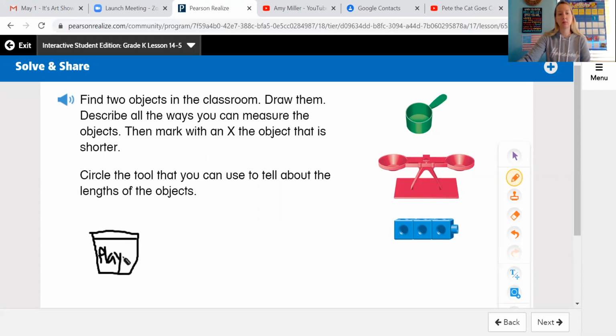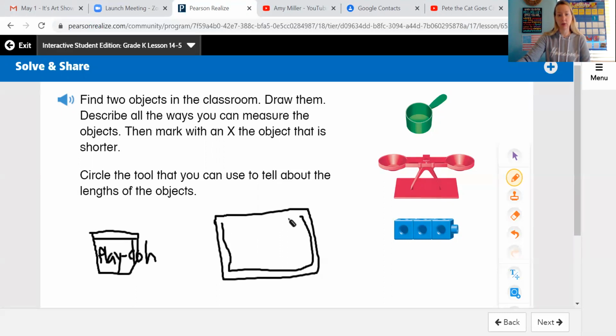Remember, this is hard for me to write. And then I also am going to find a dry erase board, which kind of looks like a piece of paper, but one of those small dry erase boards that we have in our classroom. It has a little black outer edge. All right, so I have a Play-Doh and a small dry erase board.